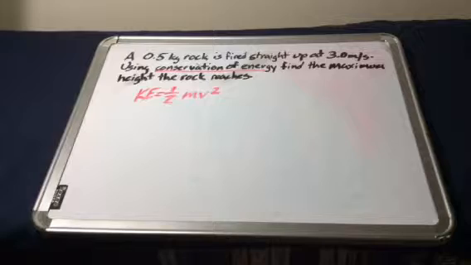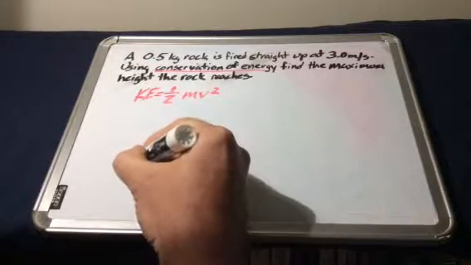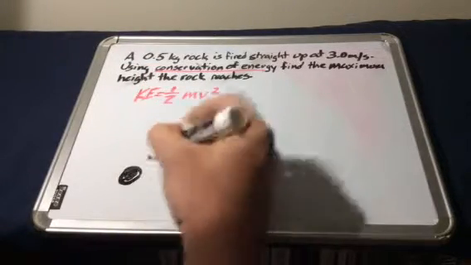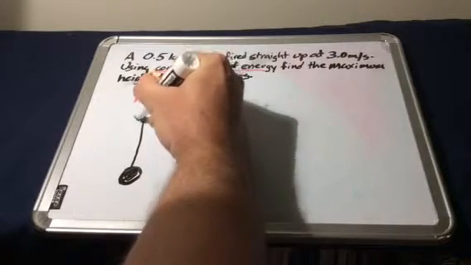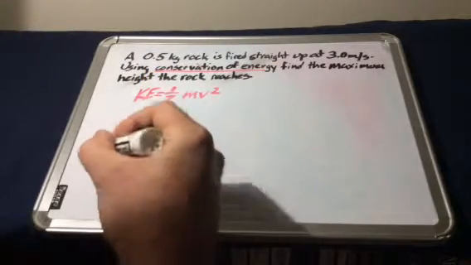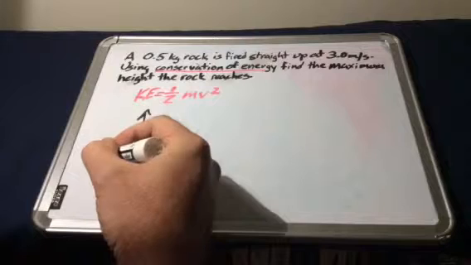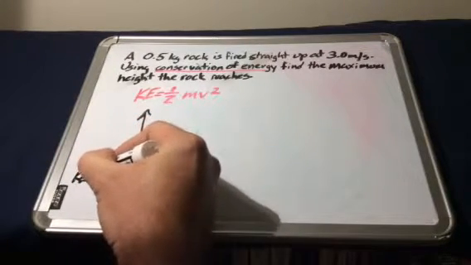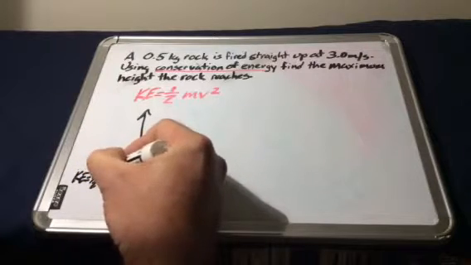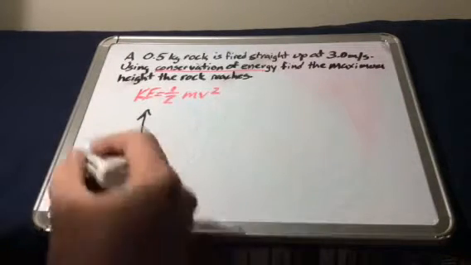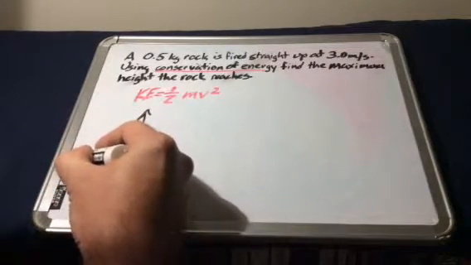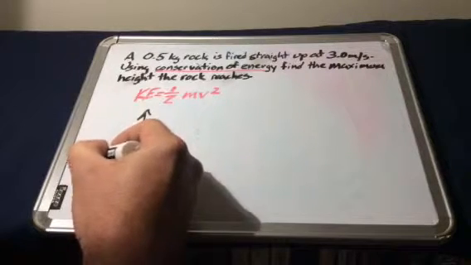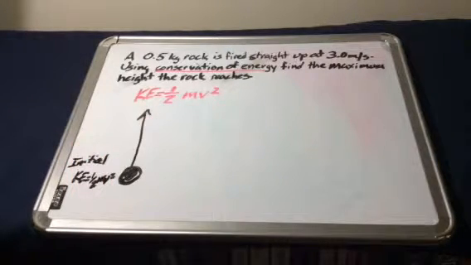Now, let's think about this rock for a moment. It is being fired straight upwards, so initially all of its energy is kinetic energy, equal to 1/2 mv squared. Now let's think about its final kinetic energy.